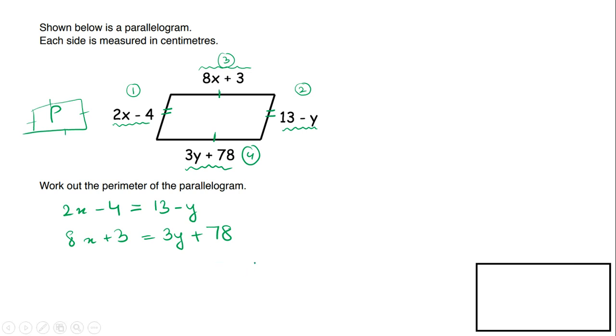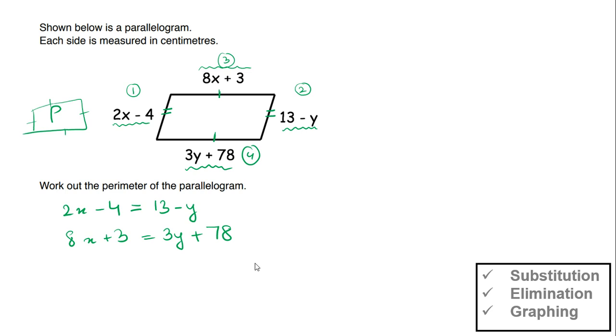When we're doing simultaneous equations, we can do it through three methods: substitution, elimination, and graphing. In this particular question, you have to see which one looks simpler or feels more appropriate to use. If I go ahead with elimination, elimination needs the same base and the opposite signs, and that looks very difficult here because the first one has 2x and the other one has 8x.